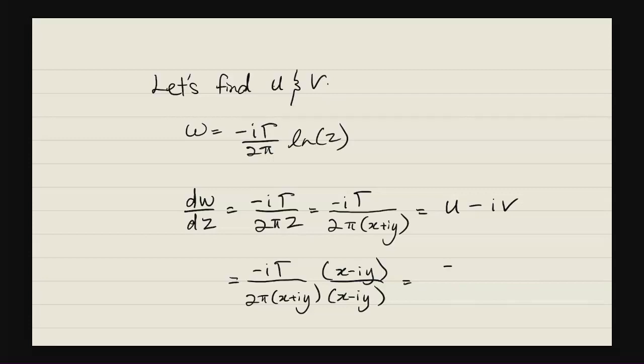Right, and I should get gamma divided by 2 pi times x squared plus y squared, times minus y minus ix. It's minus y here because there's minus i times minus i, which is i squared, and i squared is minus 1.